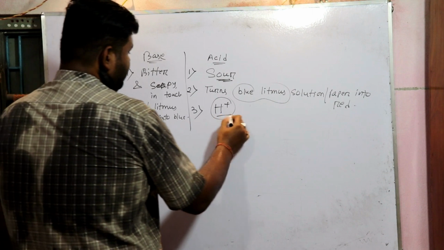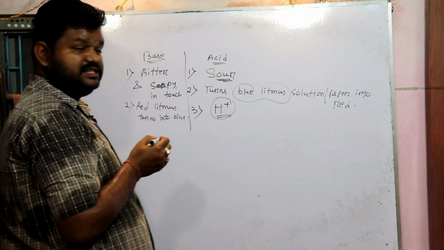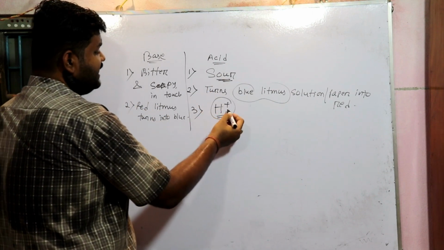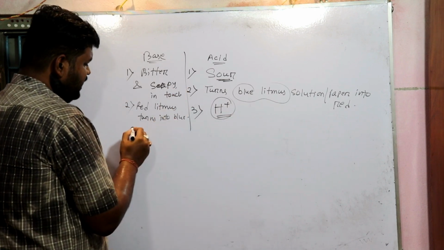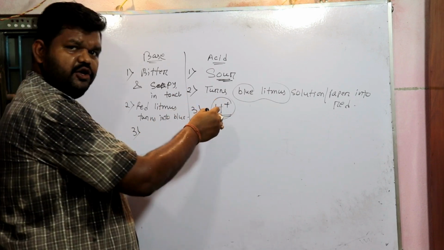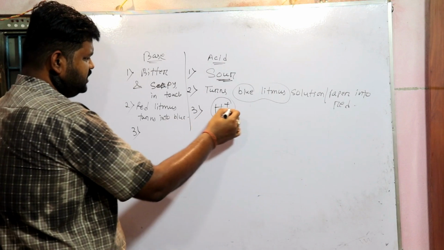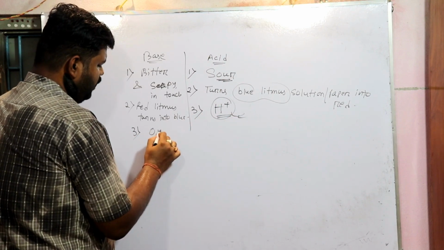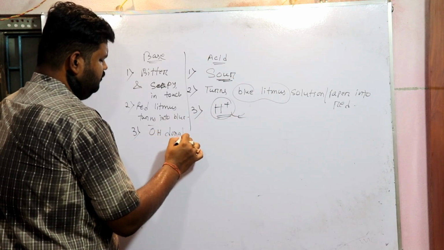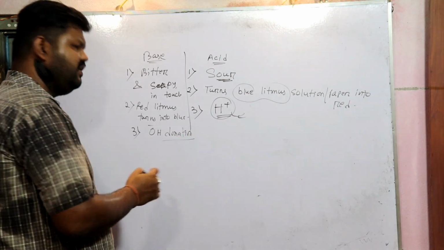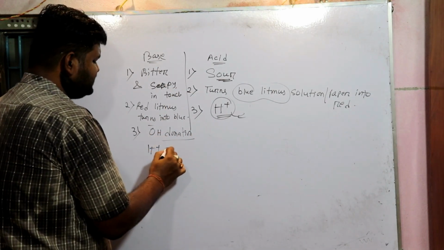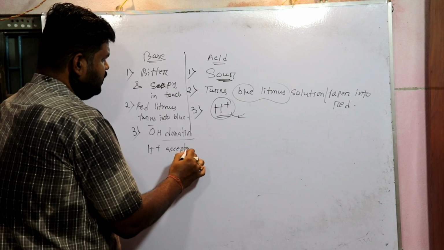And here you can definitely say that from the Arrhenius theory, the compound which can give H plus is known as acid, as well as from the Bronsted-Lowry theory, H plus donation is known as acid, and OH minus donation in aqueous medium is known as base, or H plus acceptance is known as base.